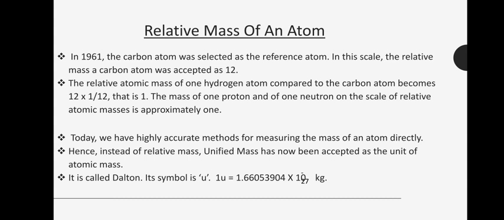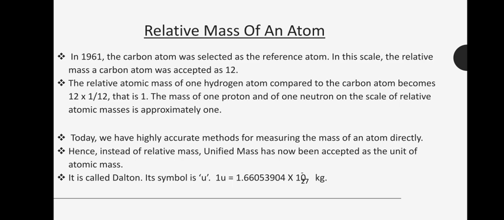So in unified mass we have accepted the unit of atomic mass as Dalton, which is symbolized as u, and 1 unit of atomic mass is equal to 1.66053904 into 10 raised to the power minus 27 kg. Just note it is a superscript, okay, not a subscript. There is a typing mistake here.